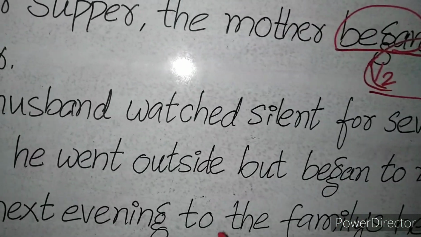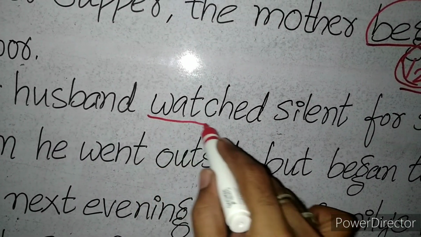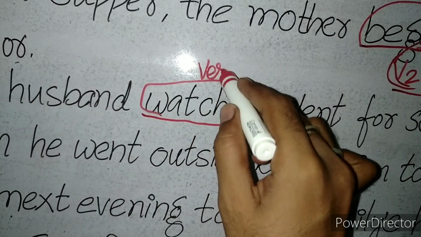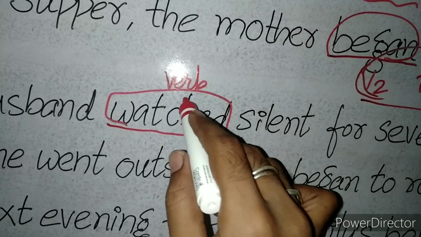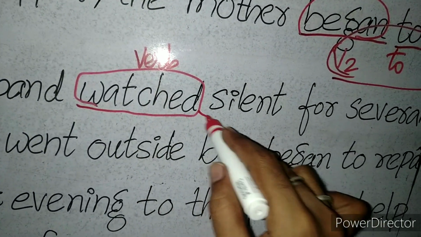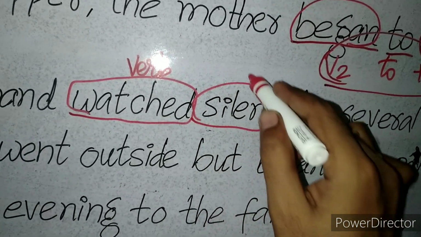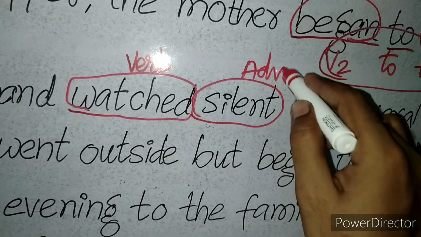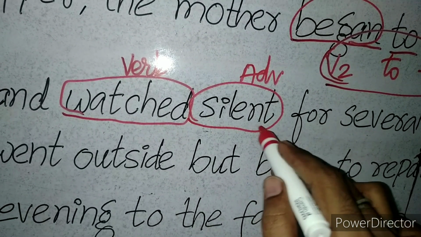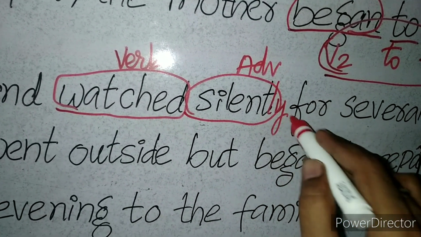Okay? As I told you, here watched is verb form. After verb form there should be an adverb. But here the word silent is noun form. So it should be silently.